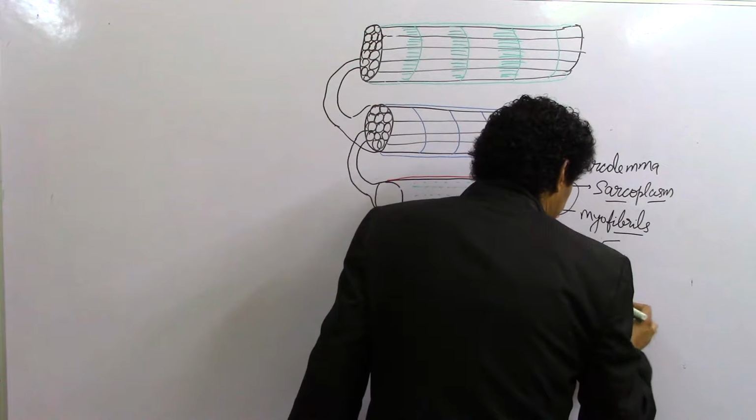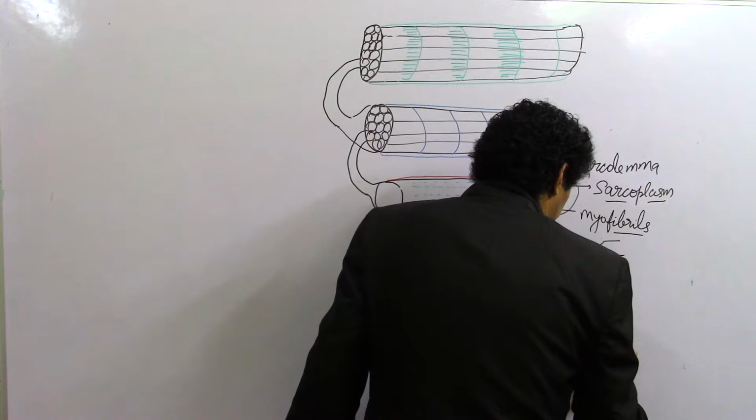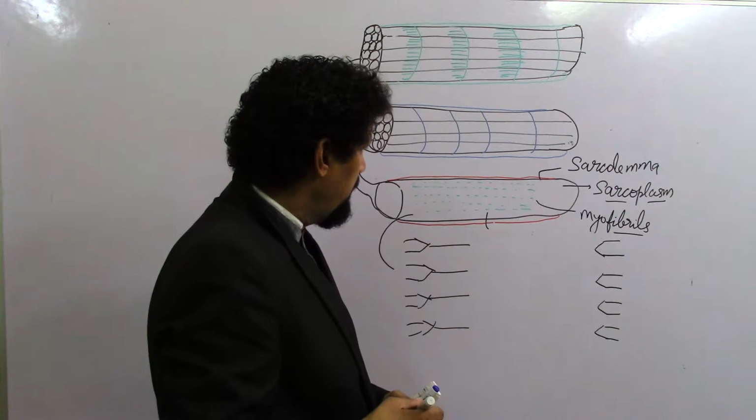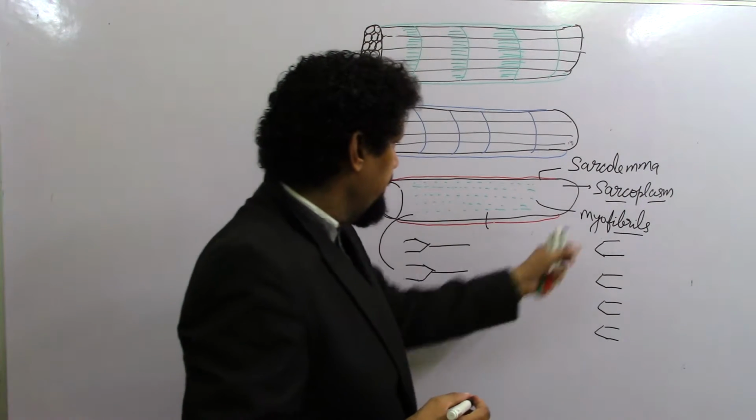This is myofilament, and collection of myofilaments is forming the myofibril.